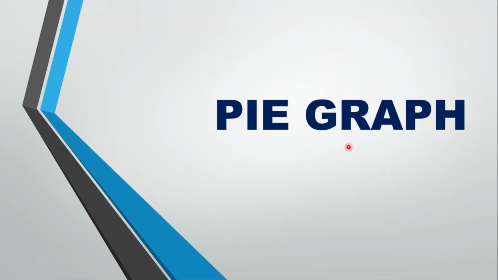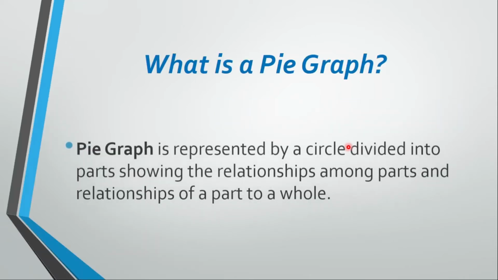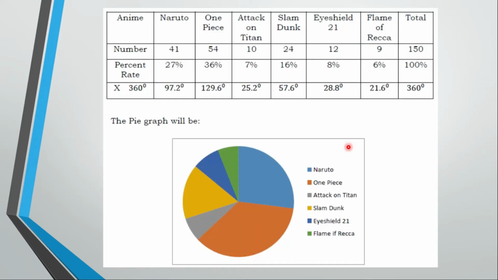Let's proceed to the pie graph or the pie chart. When we say pie graph or pie chart, it is represented by a circle divided into parts showing the relationships among parts and relationships of the part of the whole. So, ganito siya. May percentage siya, and we are going to use 360 degrees because one revolution is equal to 360 degrees.